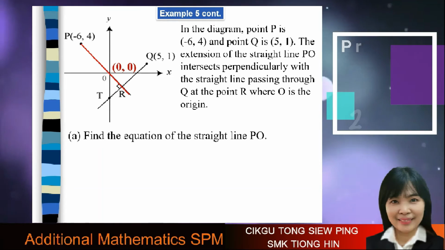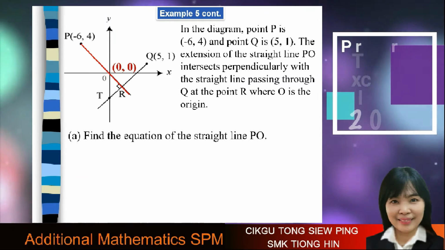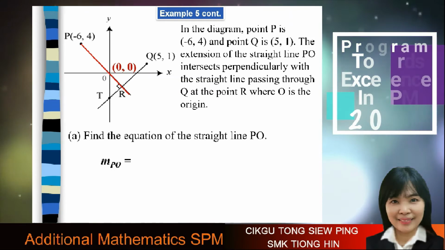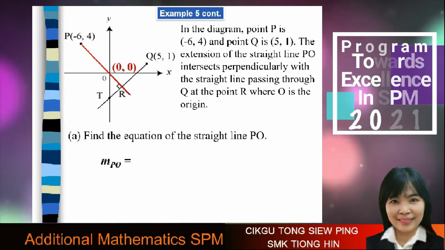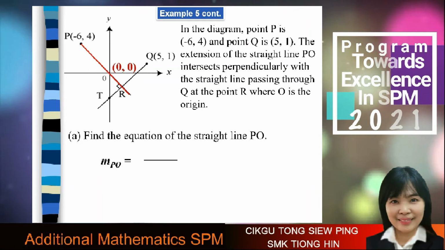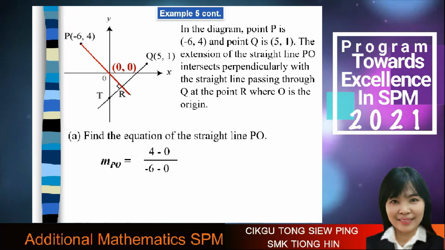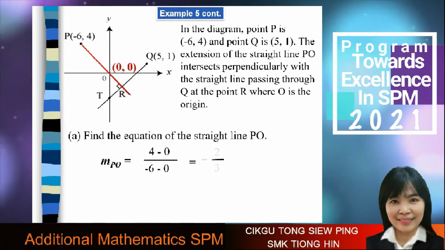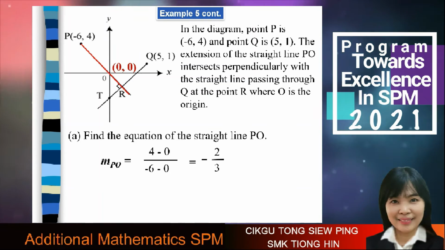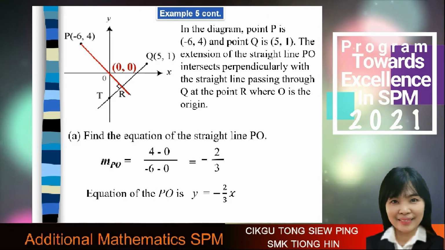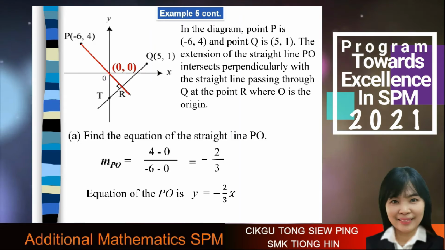To find the gradient of the line PO, we use the gradient formula, that is y minus y1 divided by x minus x1. So 4 subtract 0 divided by -6 subtract 0, we get -2/3. The equation of the line PO is equal to -2/3x.